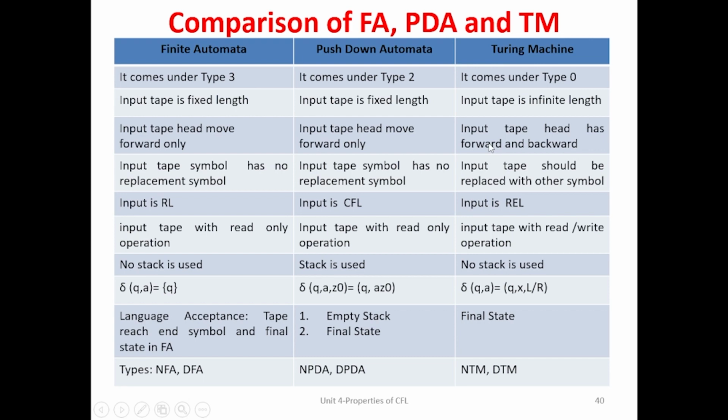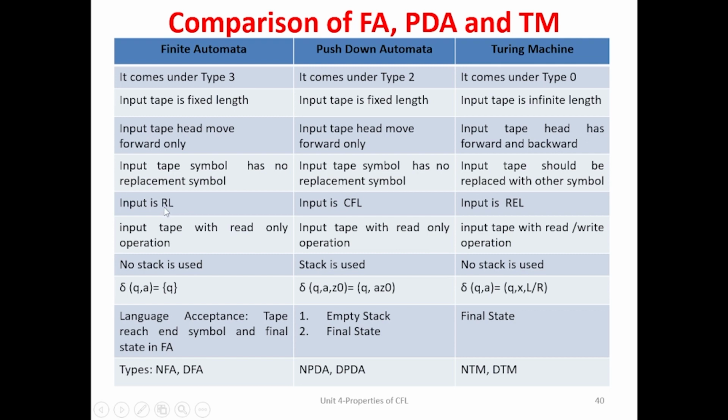That means the movement can be forward or reverse. And in finite automata and pushdown automata, the tape symbols are in read-only format, so there is no replacement implemented in finite and pushdown automata, but a Turing machine contains a read and writable format of tape, so we can replace one symbol with another symbol on the input tape.